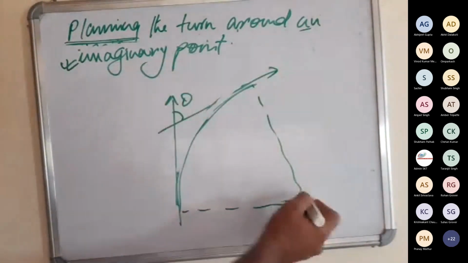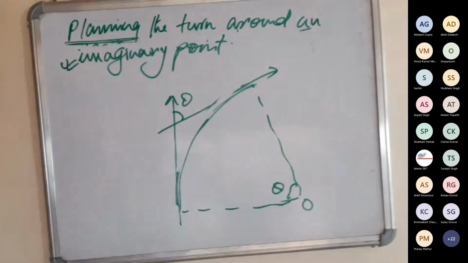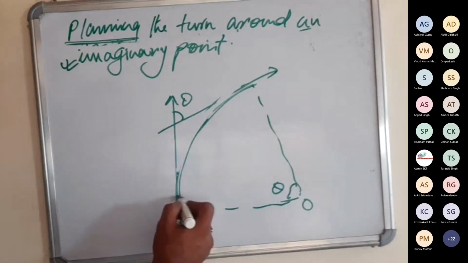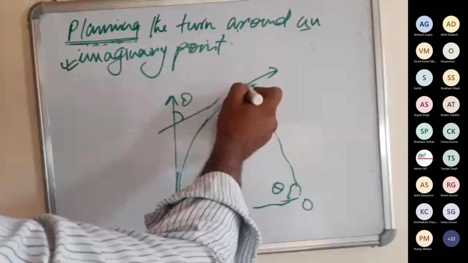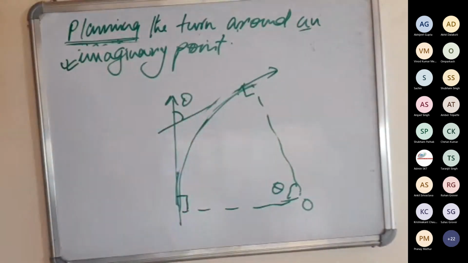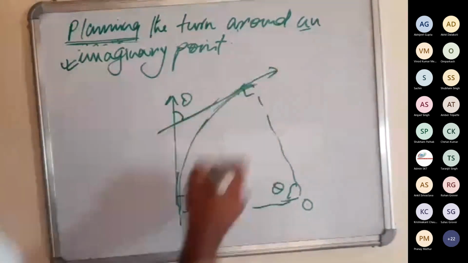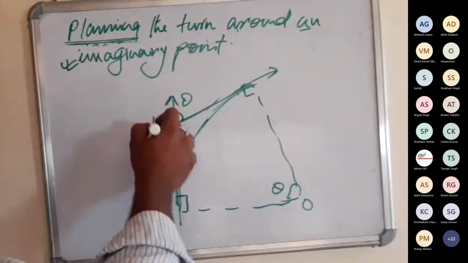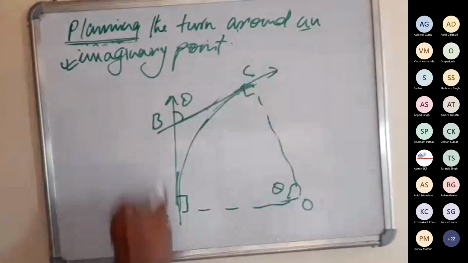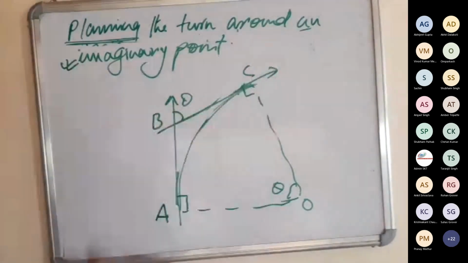This is theta, so this also is theta, right? Yes, sir. This is right angle, this is right angle, because it is tangent. So now let us say this is A, B and C. AB is the initial course, BC is the final course.